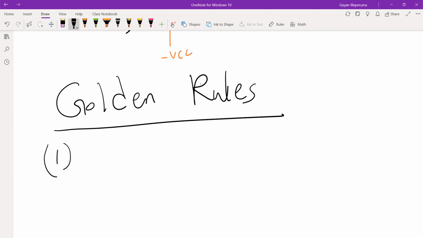Voltage difference between inverting and non-inverting inputs is 0. Okay, that means, let's call it the inverting, it's almost equal to V non-inverting.